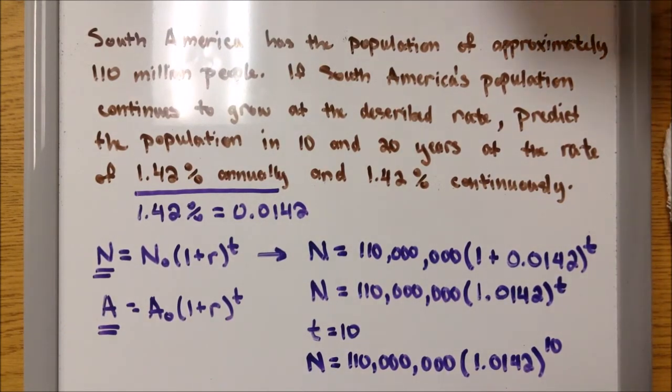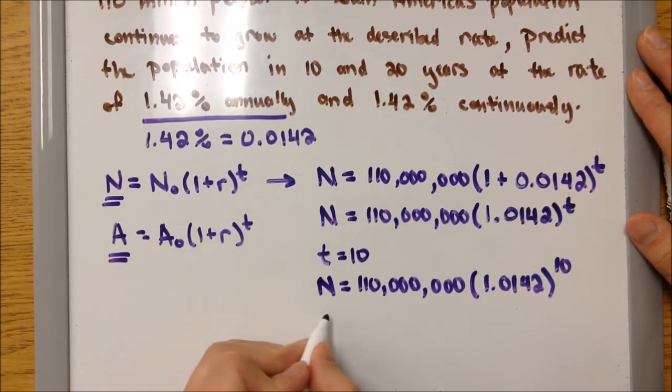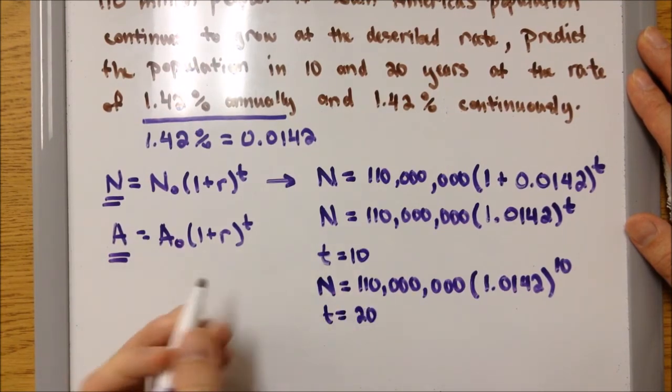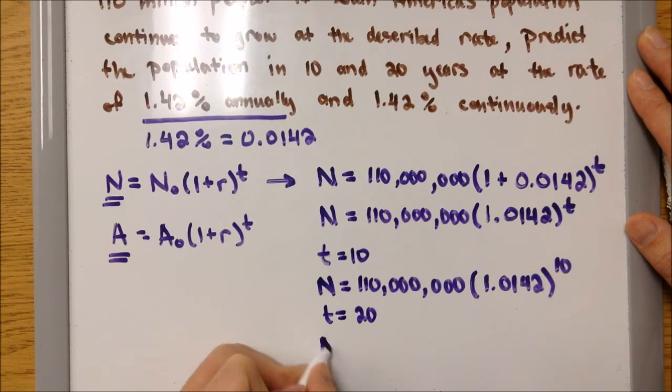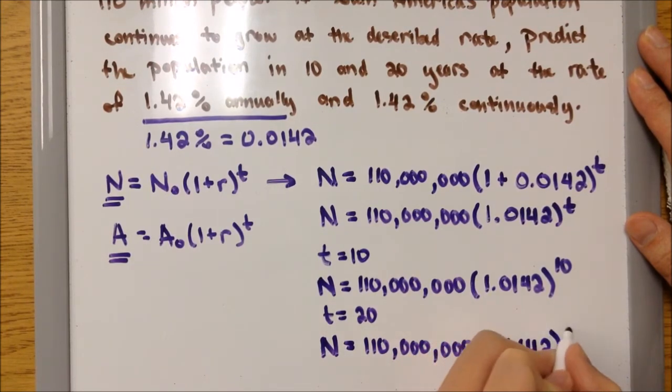Now, if I were to do the time for 20 years, I'm going to write t equals 20 years. So again, the formula would be N equals 110 million times 1.0142 to the power of 20, or the 20th power.